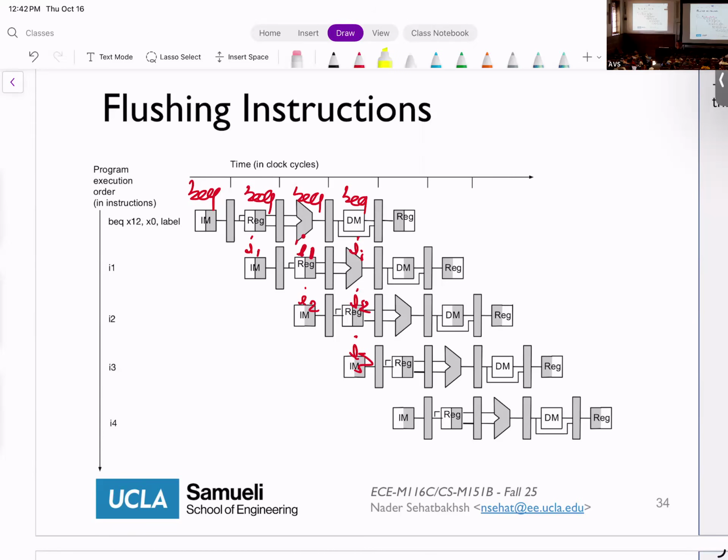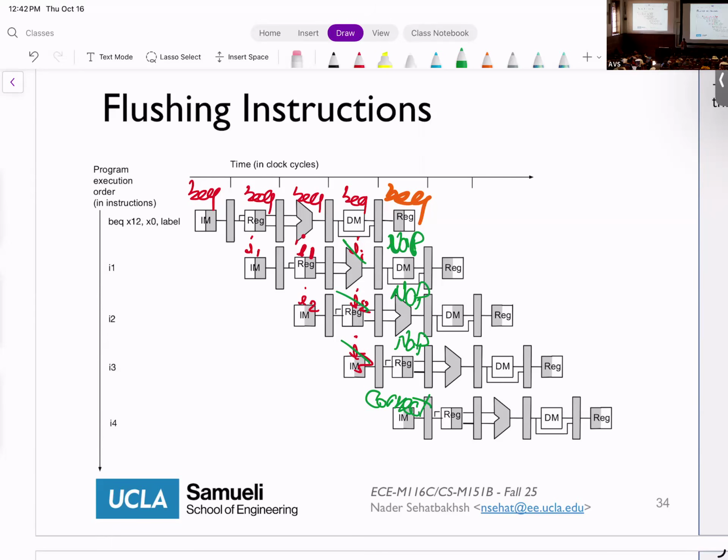So if we decide that we need to flush things out, we'll let the BEQ continue. But instead of moving I1, I move a no-op here, a no-op here, a no-op here. And here I'm actually fetching the correct instruction, whatever that is. So I'm replacing I1, I2, and I3 with 3 no-ops, and then letting the no-ops continue.